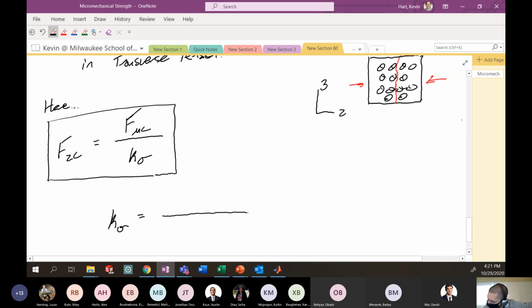Remember your stress concentration, given by things like volume fraction. It's governed by volume fraction and properties of the matrix and the fiber.